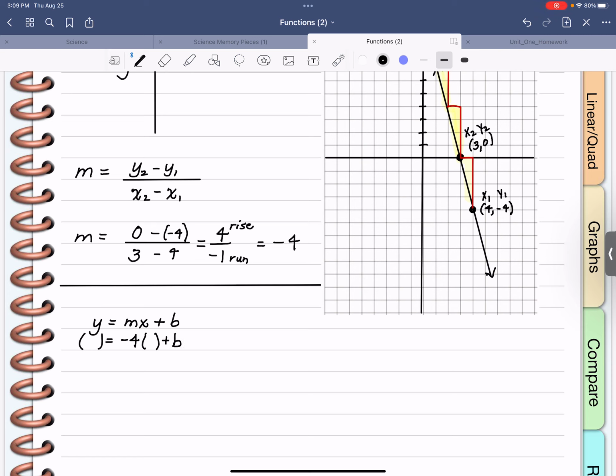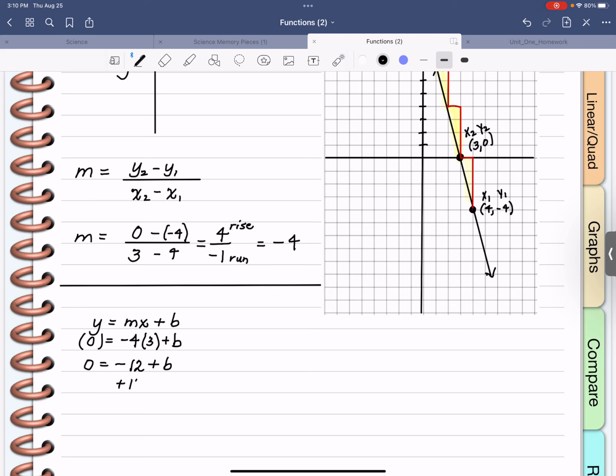And we can get an x and a y just by using one of those points. And I like that 3, 0. That's the point I'm going to use because y is nothing. I don't even have to worry about y. And x is 3. So we have 0 equals -12 plus b.